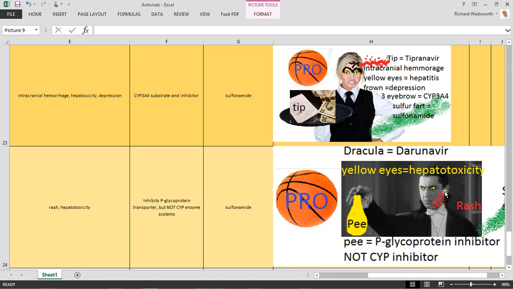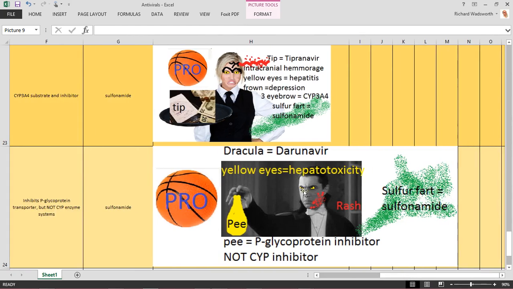So Dracula, before he became a vampire, he actually used to be a pro basketball player. He thinks about that all the time, and it makes him P. And that stands for P-glycoprotein inhibitor. Okay, P for P-glycoprotein inhibitor, not CYP inhibitor. Big distinction there. Yellow eyes for hepatotoxicity, rash for rash, and sulfur fart for sulfonamide.